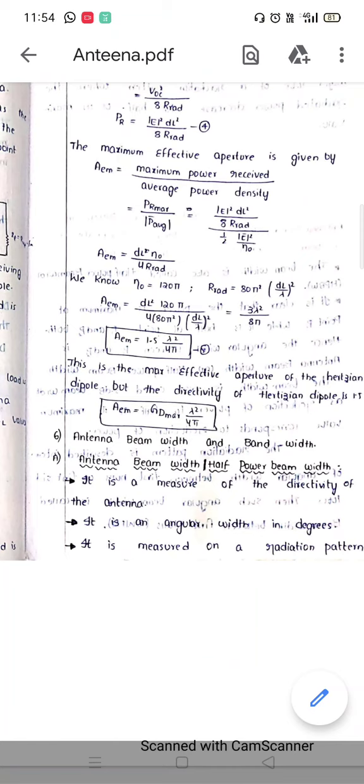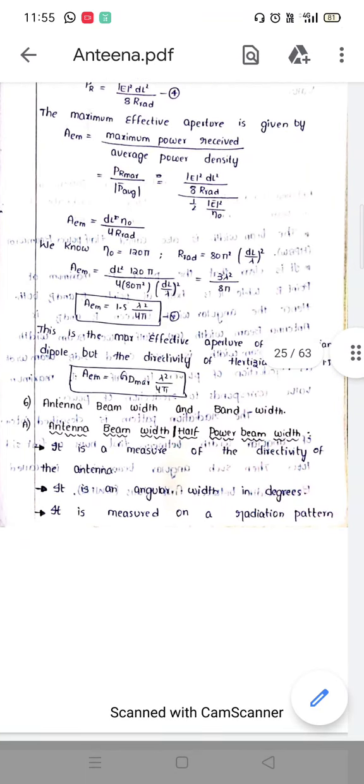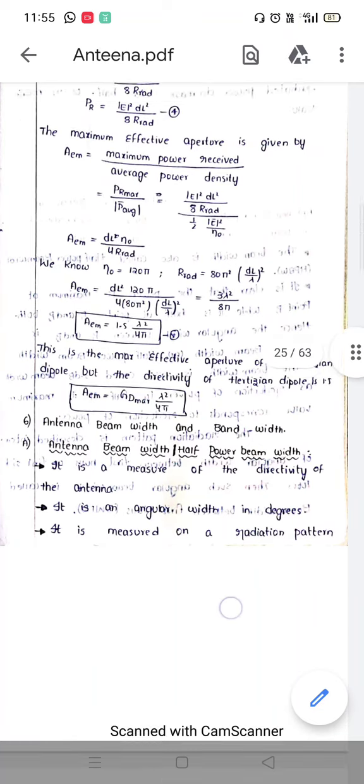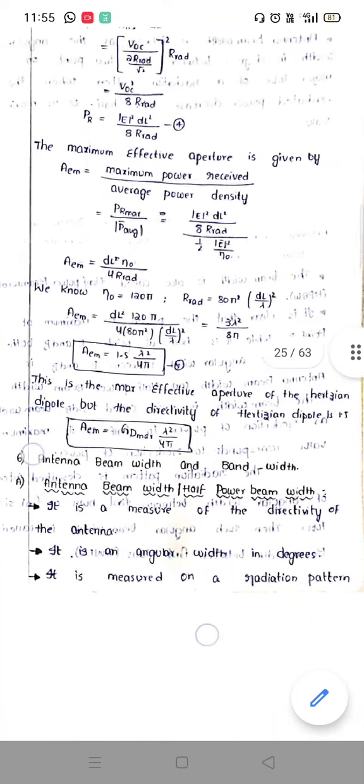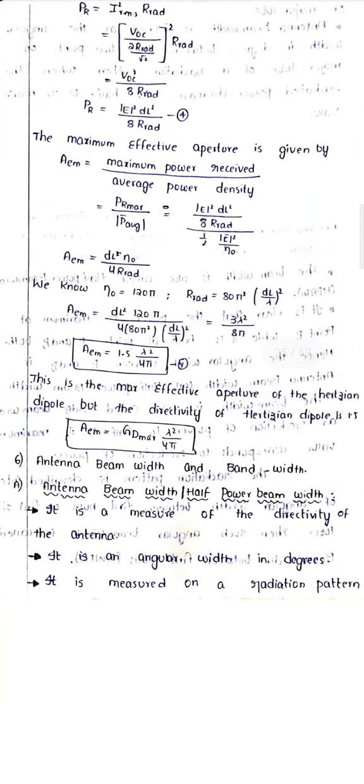The antenna beam width, or half power beam width, is a measure of the directivity of the antenna.